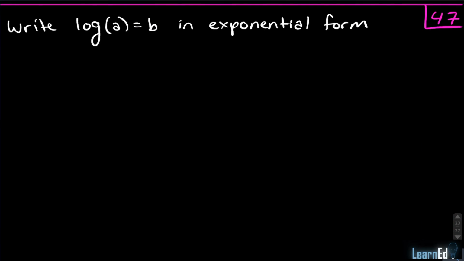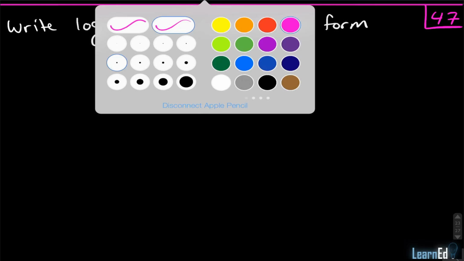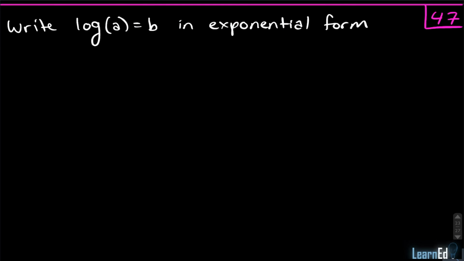Okay. For problem 47, we want to write log of a equals b in exponential form. So again, we want to undo this log equation, and this is simple, right? We don't have a million logs attached to this thing, so we can just use circle trick. We have log, and remember when the log doesn't have a base, it's base 10 by default.